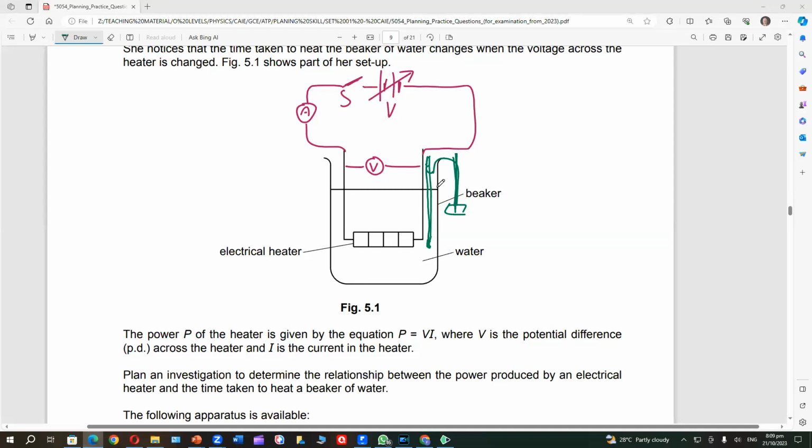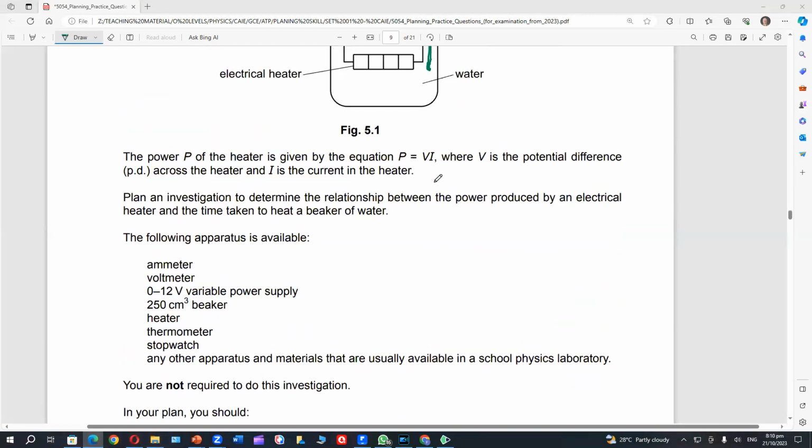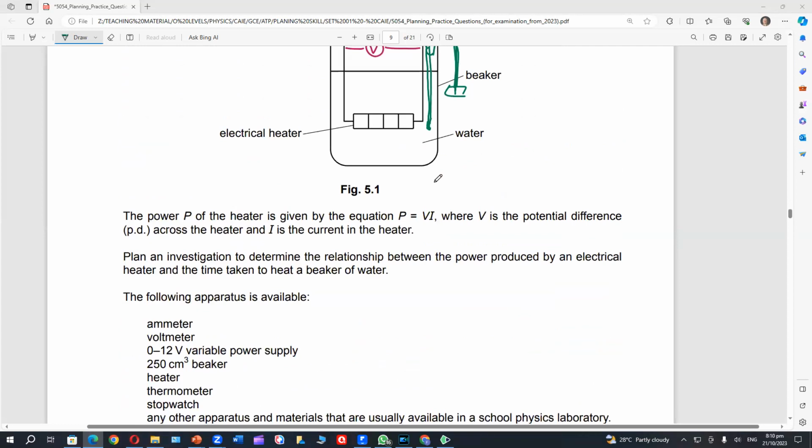This is the apparatus; the voltmeter is there, the thermometer is there. Now we should mention the power of the heater is given by the equation. So you have to investigate the relation between the power produced by an electric heater and the time taken to heat a beaker of water.